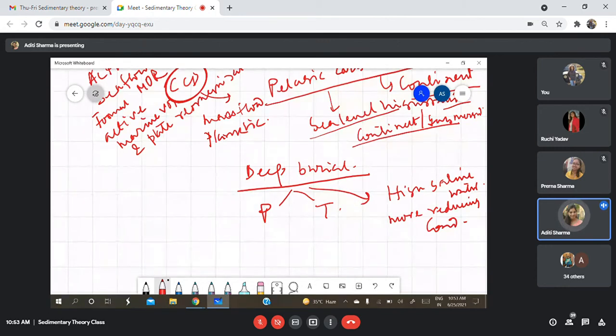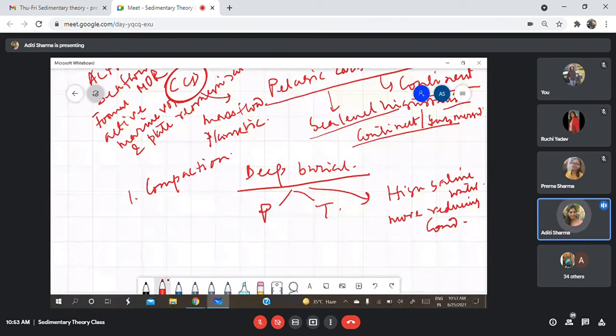So what will be the net effect of all these when the carbonate is exposed to this kind of condition? The first one is compaction. The first effect that will come because of the increase in pressure is compaction of the carbonate. What will be the effect of compaction?